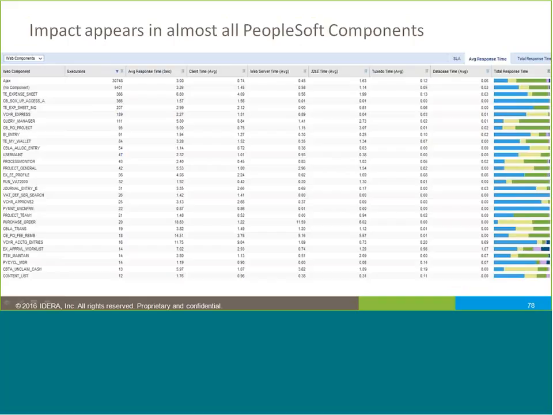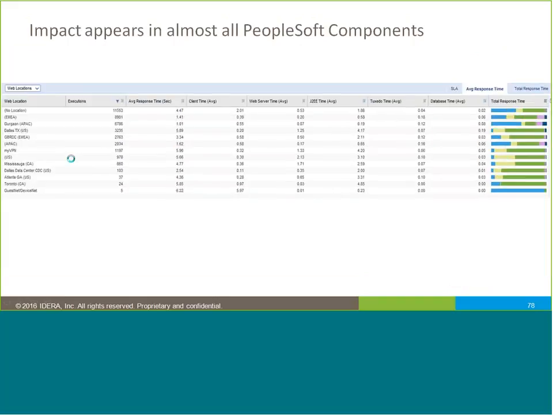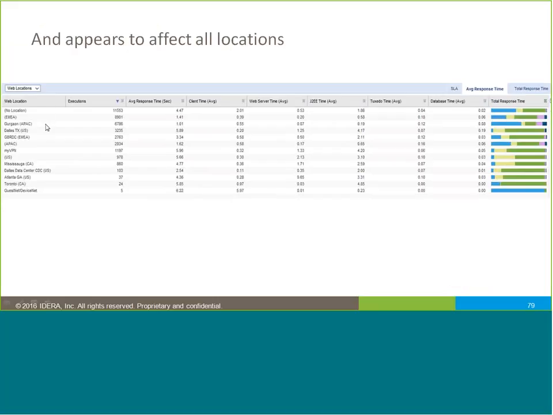First of all, when I look at the PeopleSoft transactions, you can see that basically we saw this type of thing across the board. All of the transactions were impacted, as well as all of the locations. And incidentally, when you look at this, you can actually see locations around the world, from Asia Pacific into Europe, as well as North America.